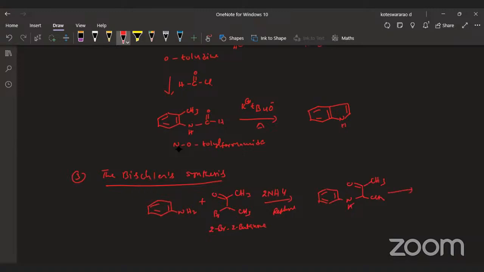Later, it is undergoing cyclization. That leads to the formation of 2,3-dimethyl indole. Here also we can see the mechanism.